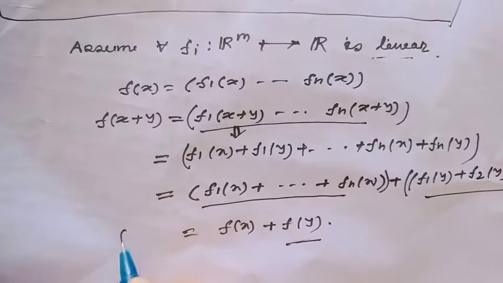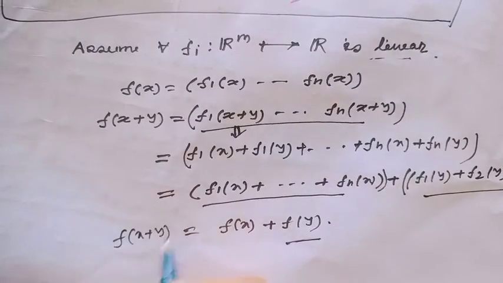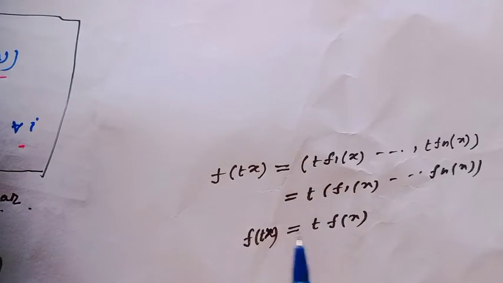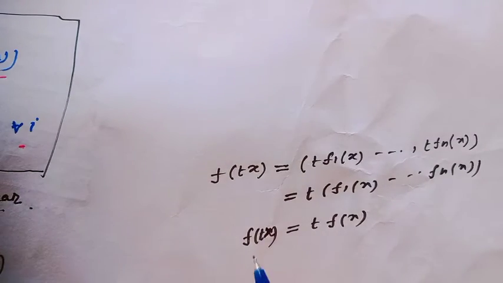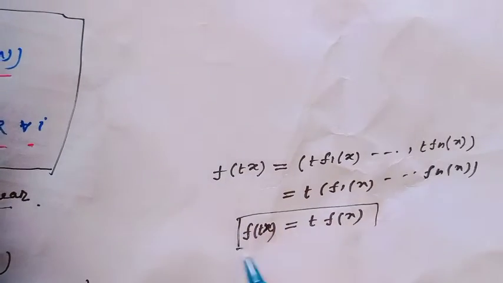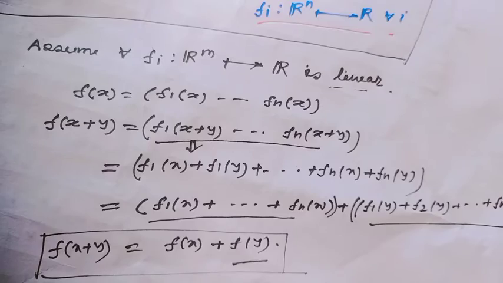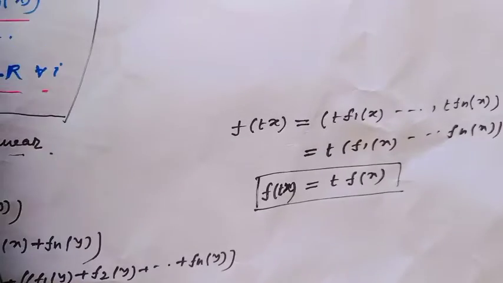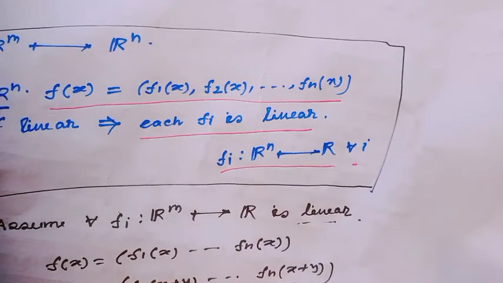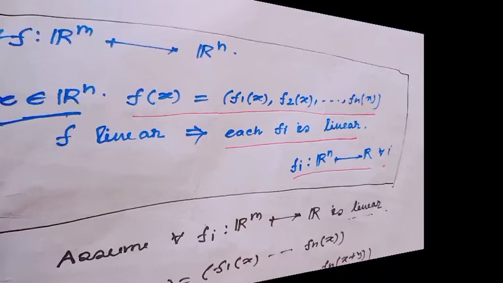That means f(x plus y) equals f(x) plus f(y). Similarly, f(tx) would be t times f(x). All properties of linearity are satisfied here. That means if each fi is linear, then f is linear.